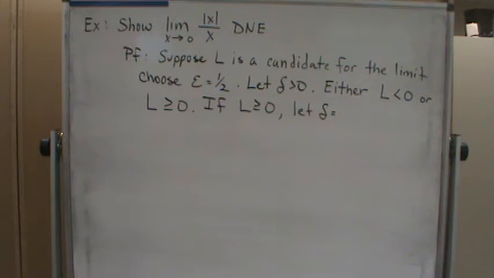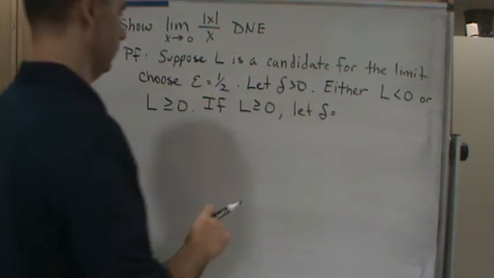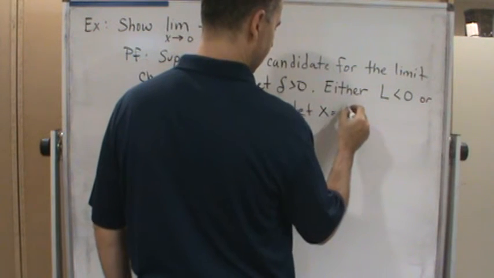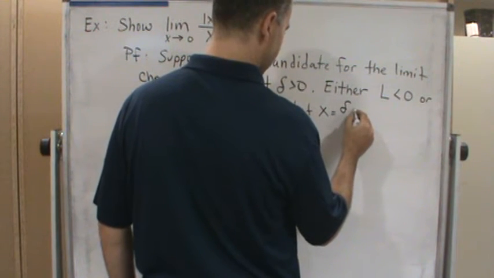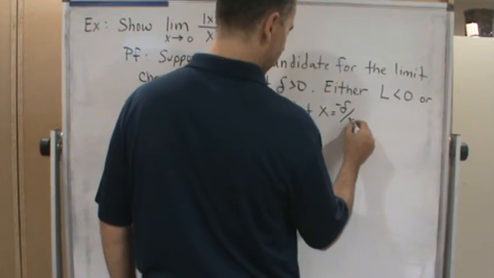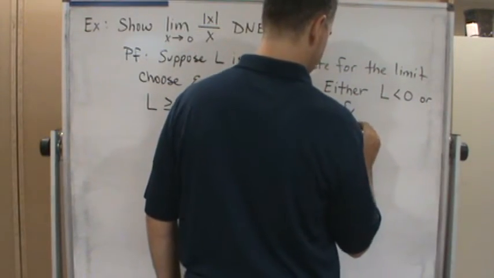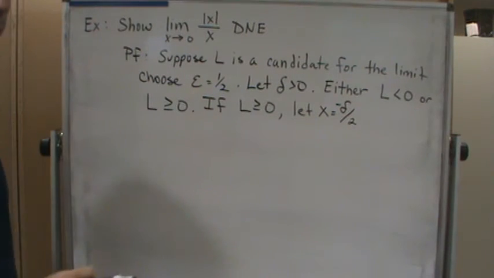We're going to define x as negative delta over 2. So remember, we're choosing an x, right? So we're defining x in terms of delta.